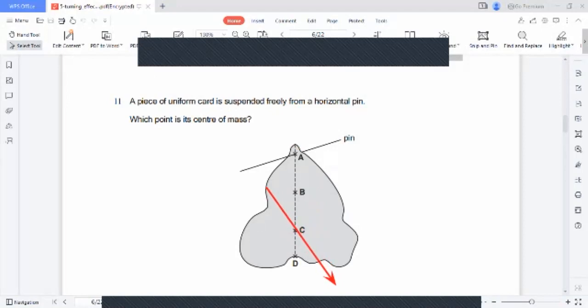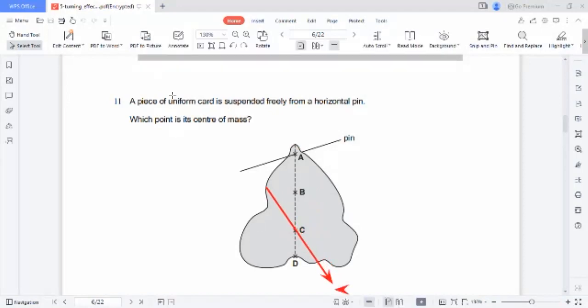Then again, we can use a pin here, and similarly it goes like this. When the pin is here, it looks like a central part, where the whole weight would be concentrated. So that's why we can consider C our better option.